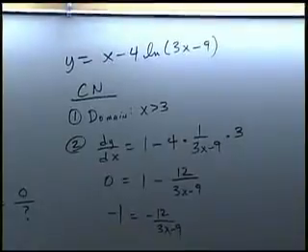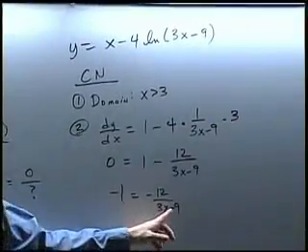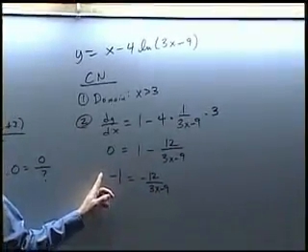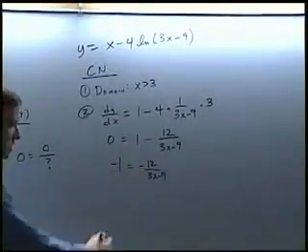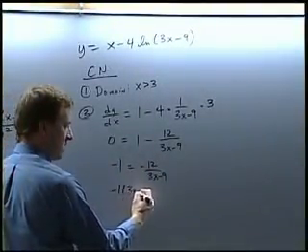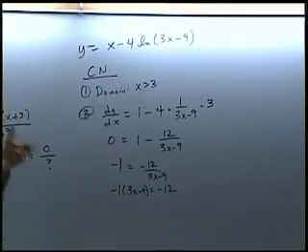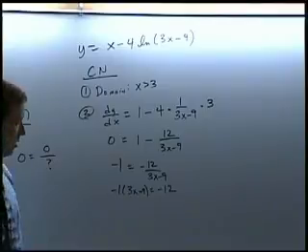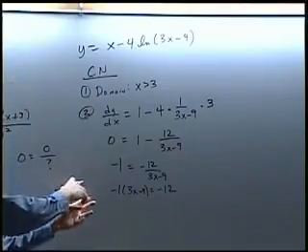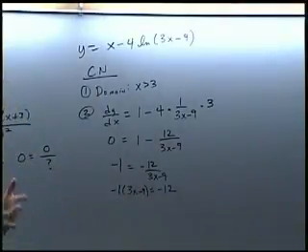And then from here, I heard another possible first step was, now let's go ahead and multiply by 3x minus 9. Okay, so let's go ahead and do it this way. So negative 1, 3x minus 9. So I multiplied, basically cross-multiplying is what I'm doing here. Get that denominator across. Okay, now I just have to go through, distribute, clean up, and then solve the rest of the algebra problem here.